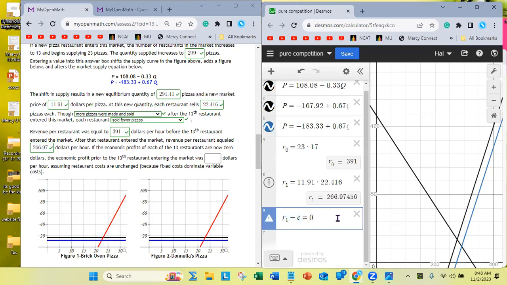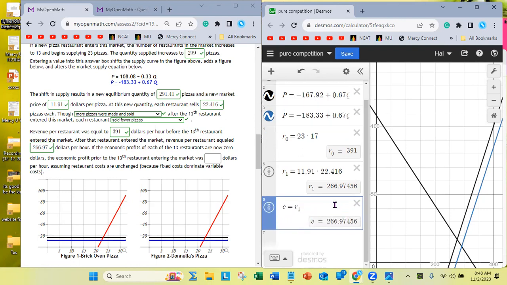So if this is true, then restaurant costs are equal to the revenue, right?